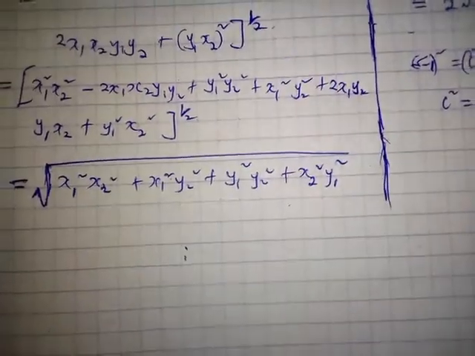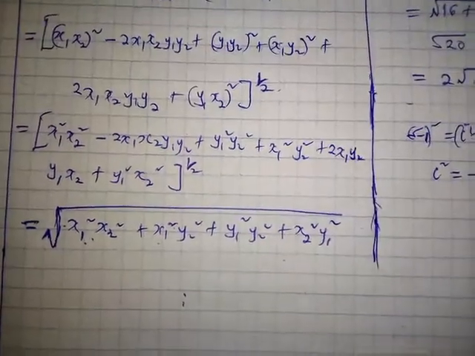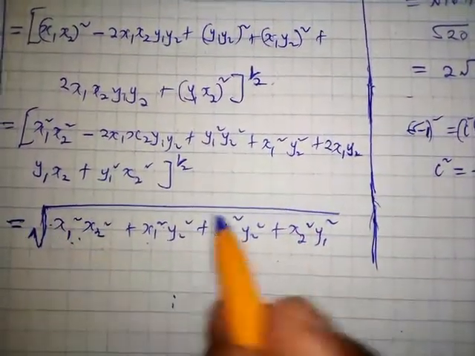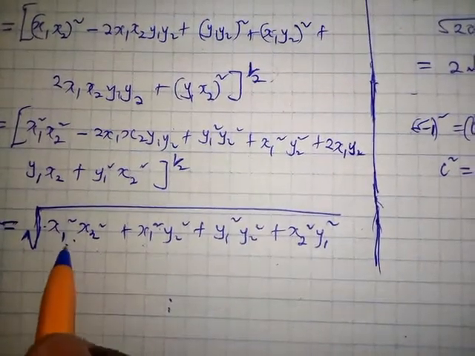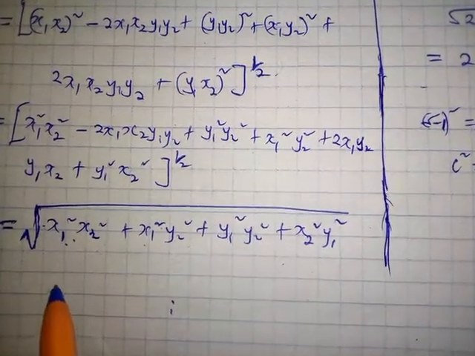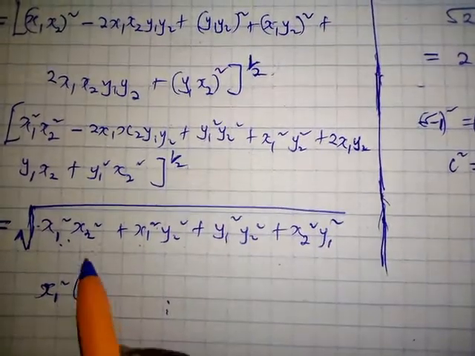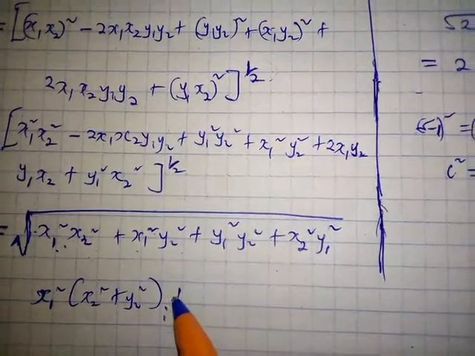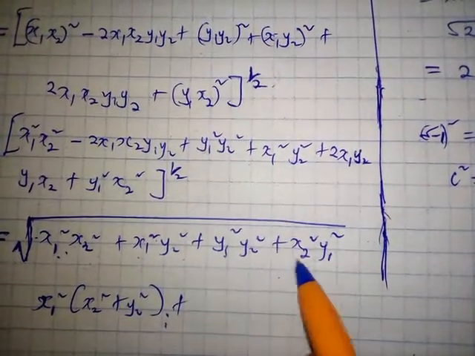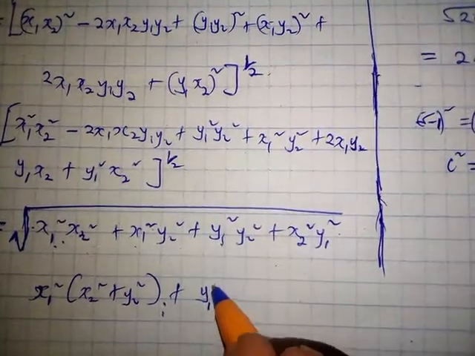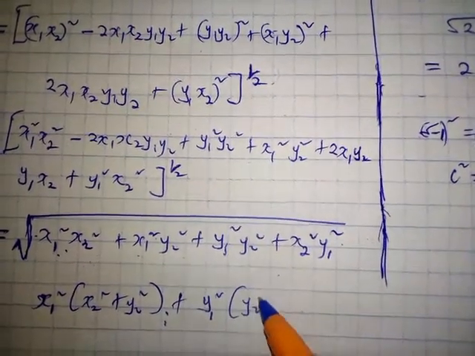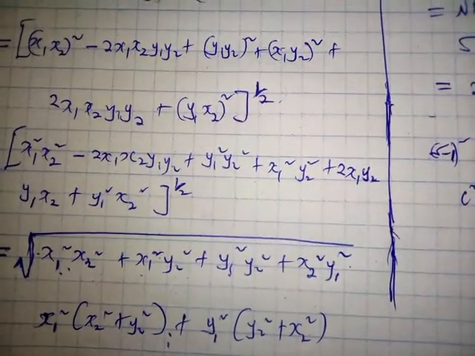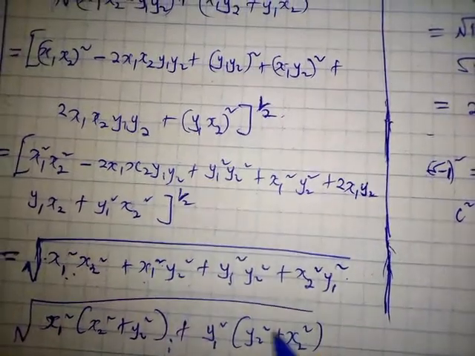So the next step is to factorize what is under the square root. For example, here x1 squared is common, so we have x1 squared times x2 squared plus y2 squared, then plus, what is common is y1 squared, so we have y1 squared times y2 squared plus x2 squared, under the root.